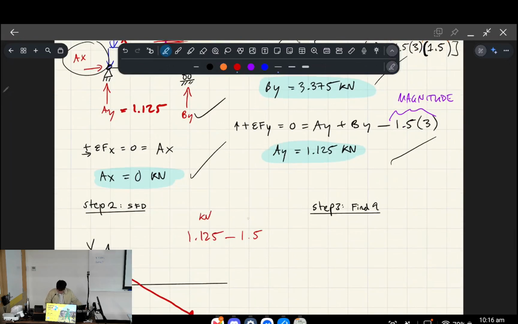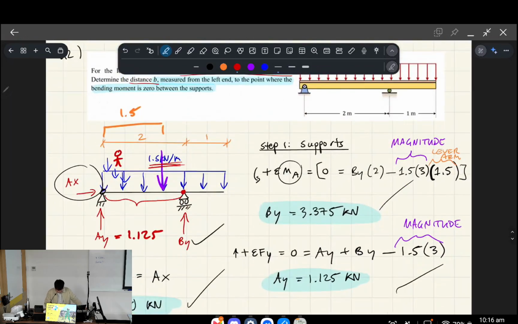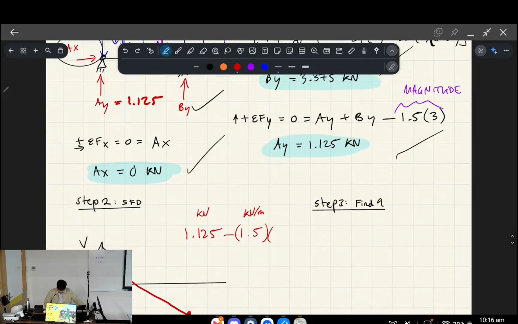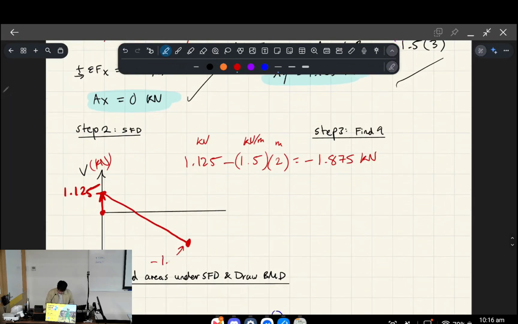Whereas this one was in kilonewtons. We have to now multiply it by this distance that we've traveled, which is 2 meters, okay? So over 2 meters, right, we end up with negative 1.875 kilonewtons, okay? So now we're in the right units because the shear force diagram is in kilonewtons. So we have negative 1.875 kilonewtons, all right? I'll make that smaller.